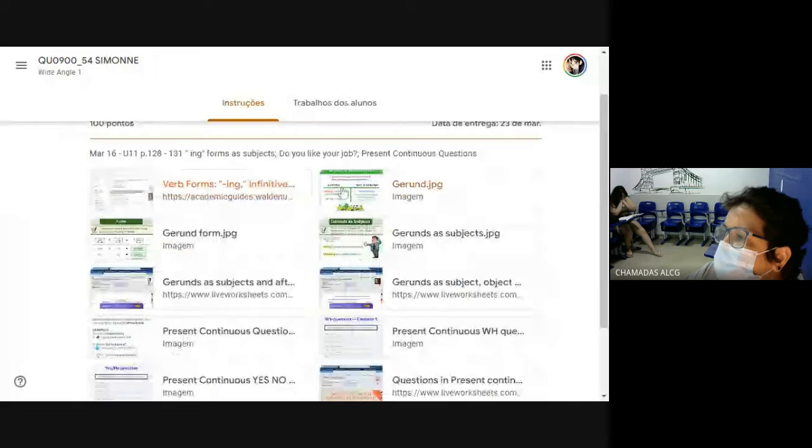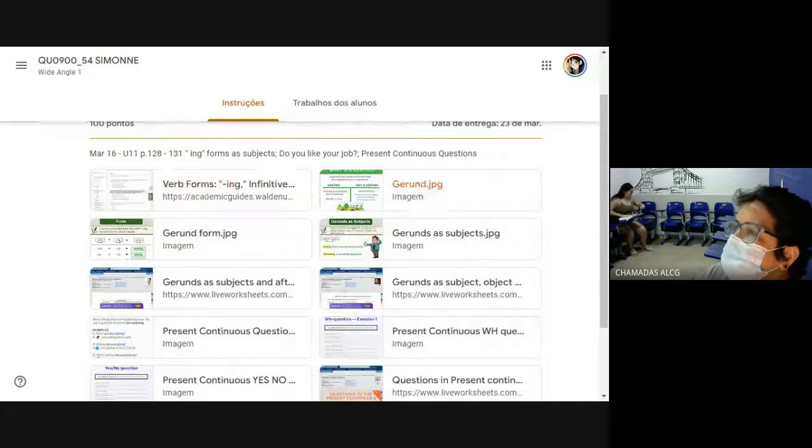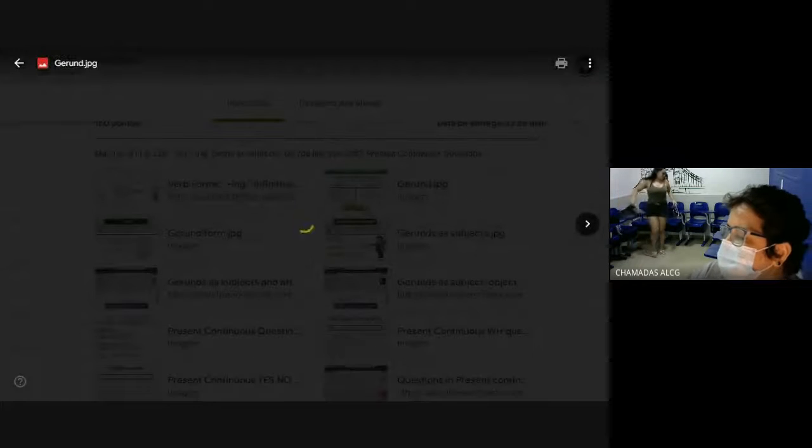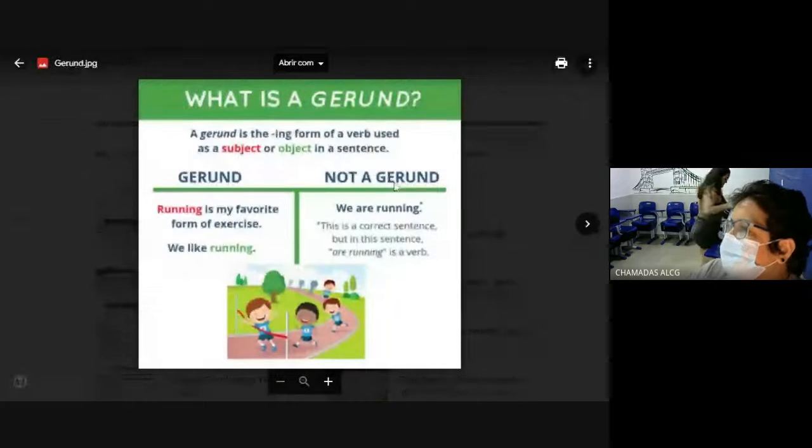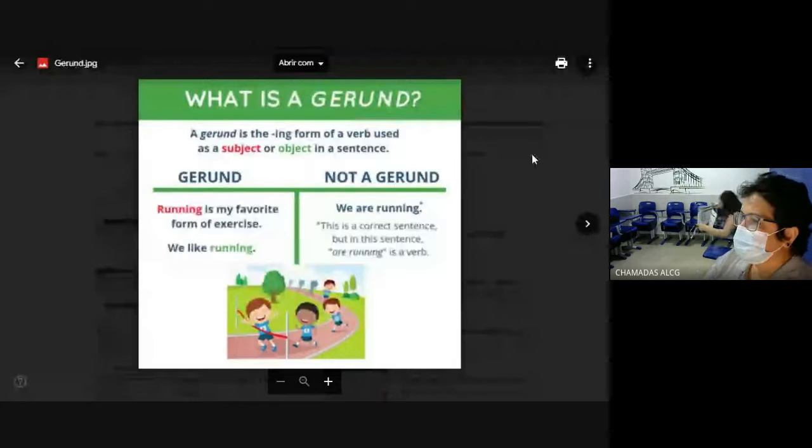There are some files for you to see, okay, guys? This one here is very interesting because it gives you the definition of gerund in English, right? So take a look. Look. Can you see the image? Yes? So look, what is a gerund?